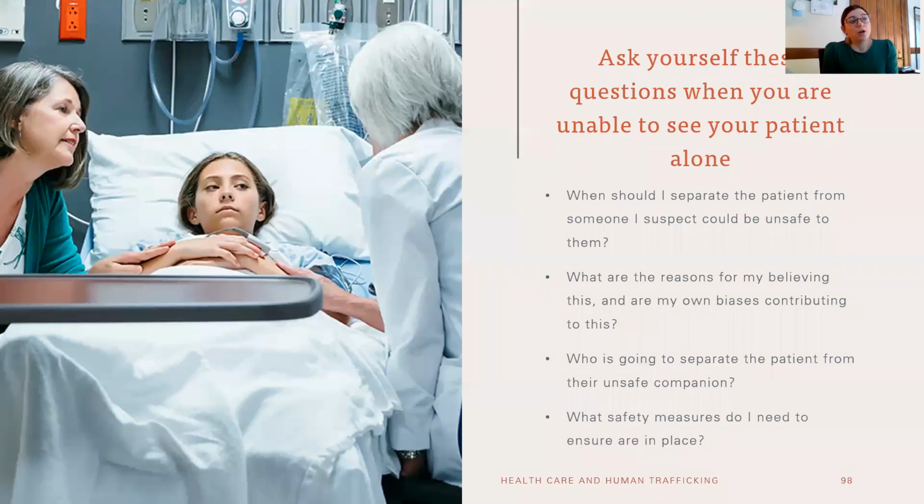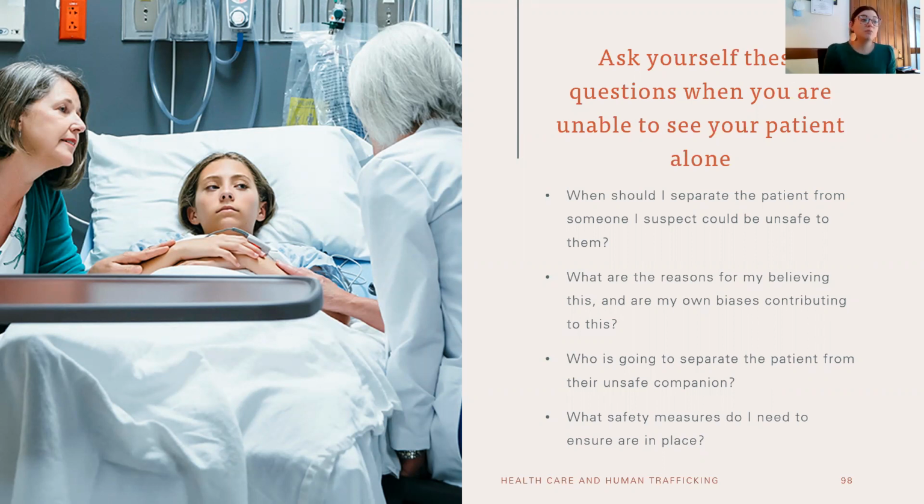So ask yourself these questions when you are unable to see a patient alone. When should I separate the patient from someone that I suspect could be unsafe to them? Right away, after a few questions, after you have seen the verbal and nonverbal cues and responses of the potential victim survivor and the person that might be unsafe.